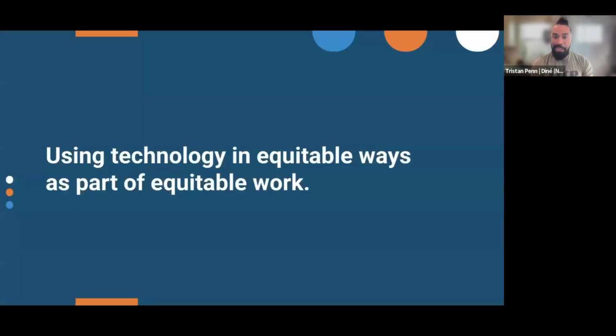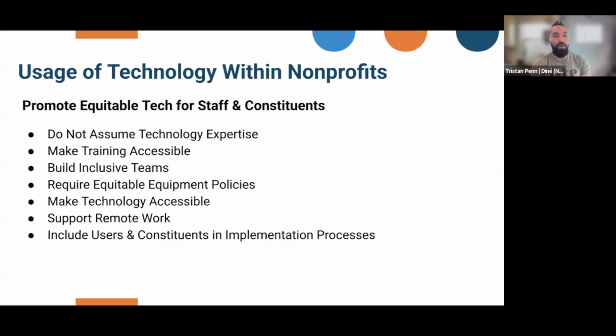So, using technology in equitable ways as a part of equitable work. I love to start here because this is where I really love to get analytical. And again, I want to point to Carolyn, who added the link for downloading the equity guide.